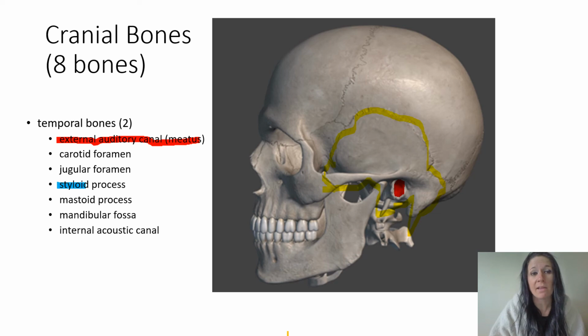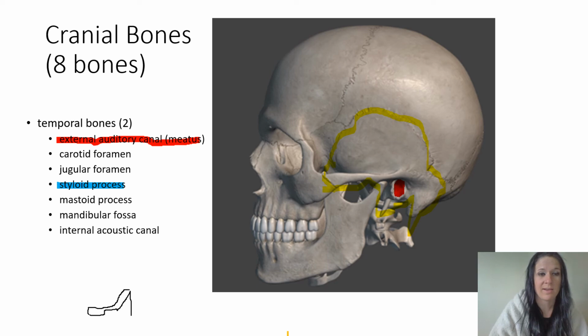We have a styloid process and a mastoid process. Styloid, think stiletto, like a high heel. A stiletto or a stylus that you use to write on your cell phone is this really pointy projection. If we're wearing stilettos, we have this really pointed high heel.